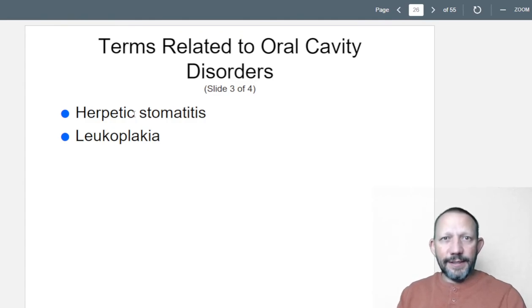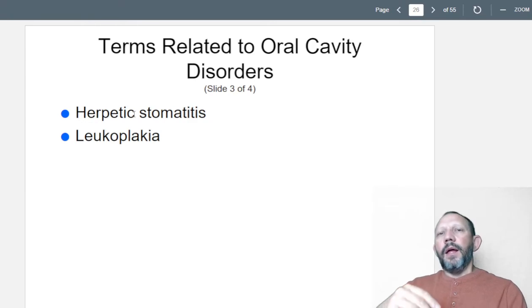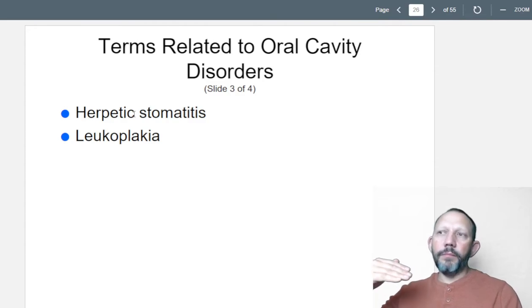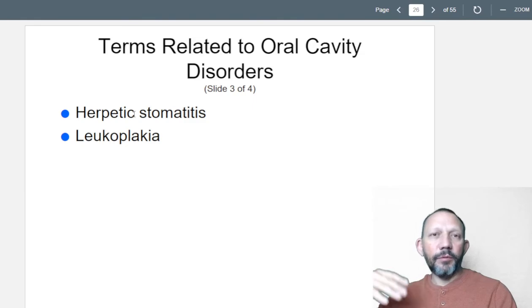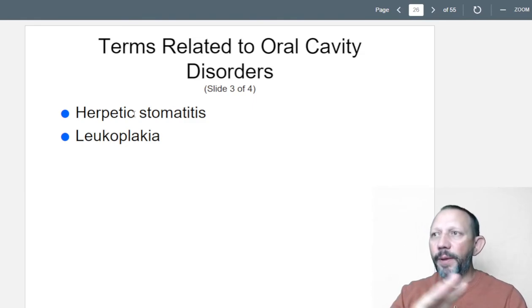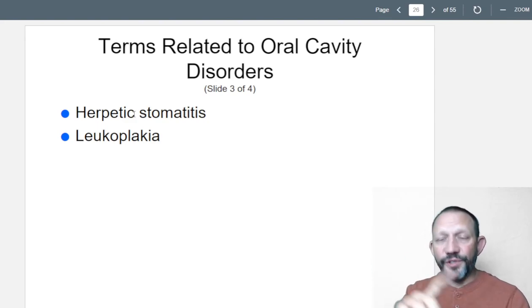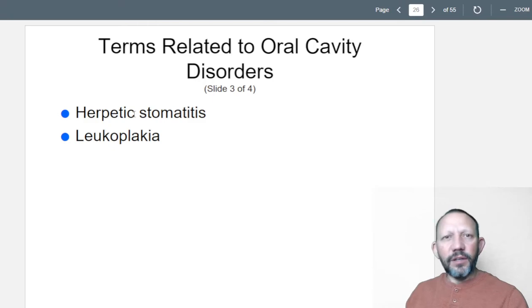Most people get it as little kids because they're running around putting everything in their face, or moms transfer it to kids and stuff like that. So it's a very common thing. And luckily, our systems have adapted to it pretty well, and we've been able to survive these kind of things. Now, herpetic kind of things, which is a virus, can kill different things like horses or ducks or something. There's different herpetic things that can kill those animals.